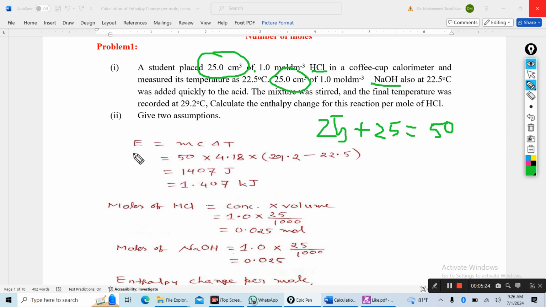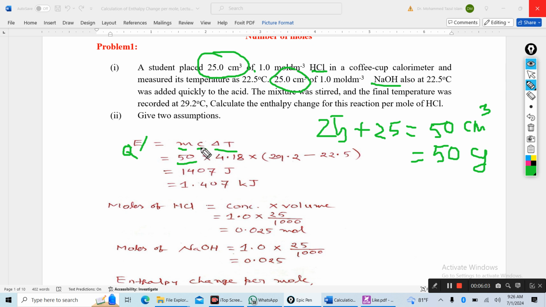So first E or Q, energy transferred E or Q equal mc del T. M, mass of solution, is 25 centimeter cube plus 25 centimeter cube, total 50 centimeter cube. 1 centimeter cube equal 1 gram, so 50 centimeter cube equal, you can write 50 gram. Mass of solution M will be 50 gram.